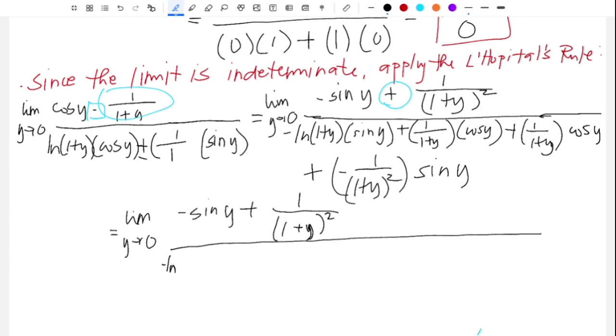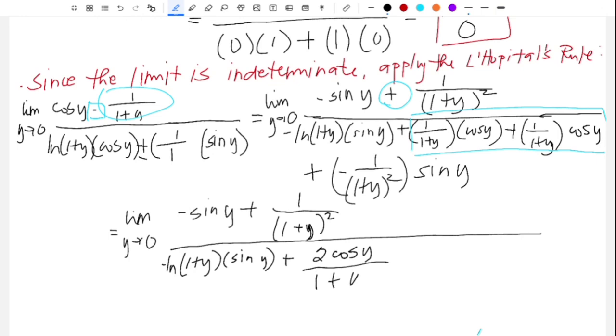We have ln 1 plus y sine y plus, we have cosine plus cosine, we have 2 cosine y, these terms. The result, when we perform the operation, we will get 2 cosine y over 1 plus y.